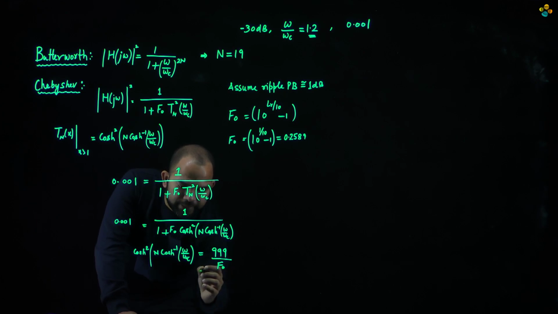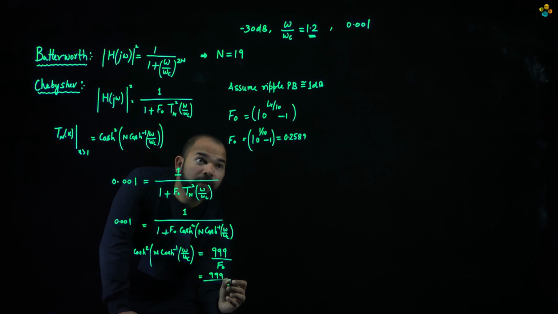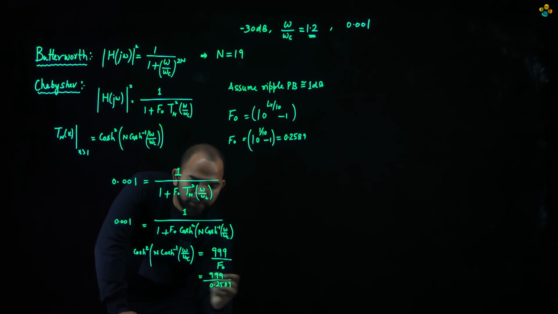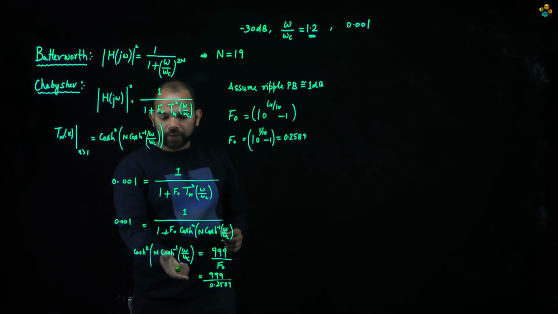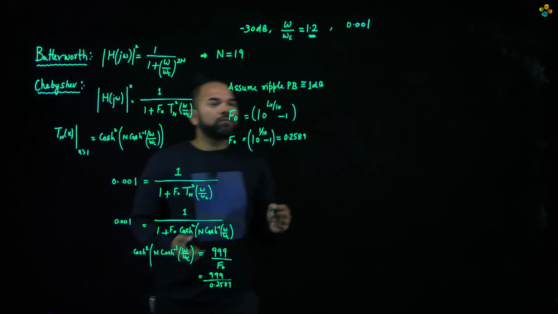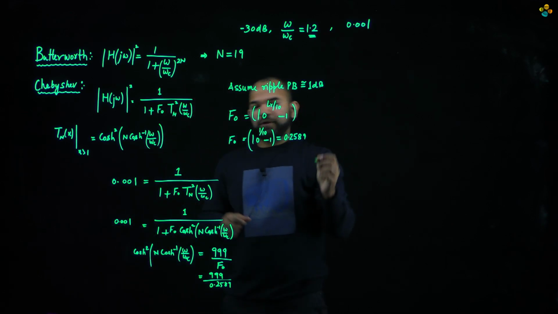So if we replace, 999 divided by 0.2589. Okay? So if we solve this again, let's rewrite this equation here.